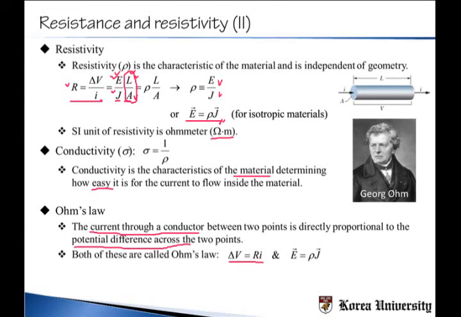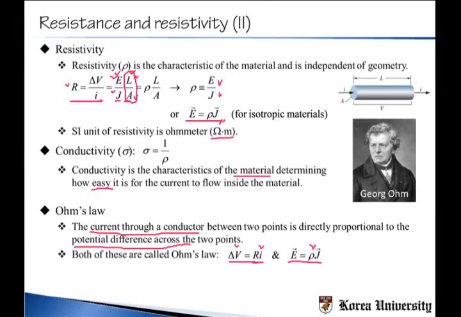First, delta V equals Ri. This directly expresses what is stated just above: potential difference, current flow, and resistance, where resistance is the proportionality constant. Equivalently, you can express it using electric field and current density, and the proportionality constant will be the resistivity.